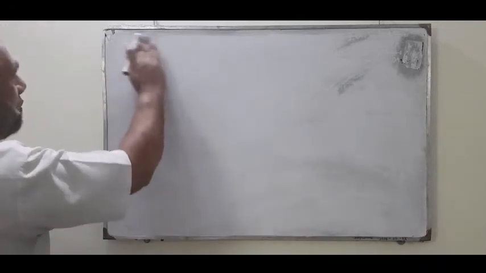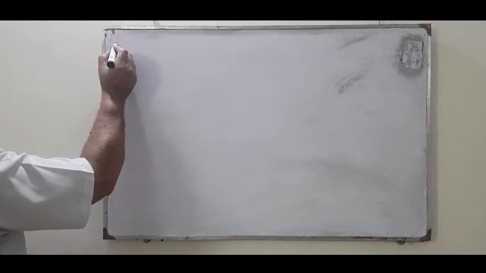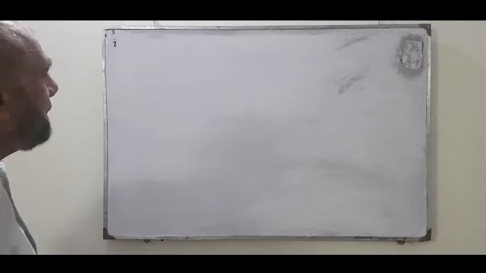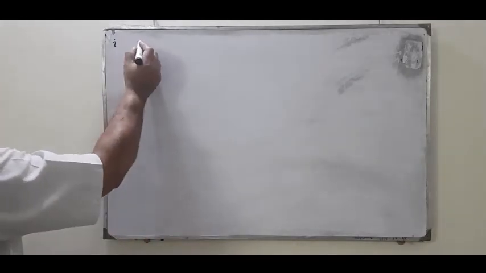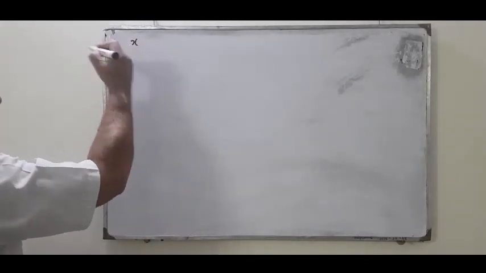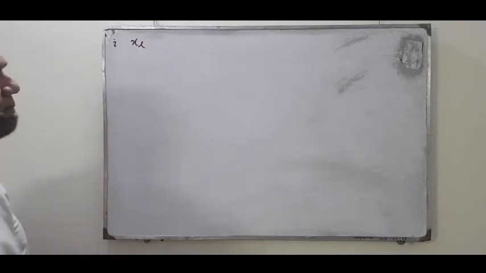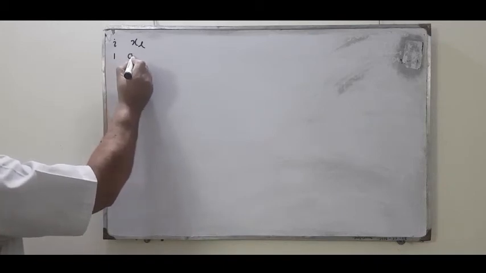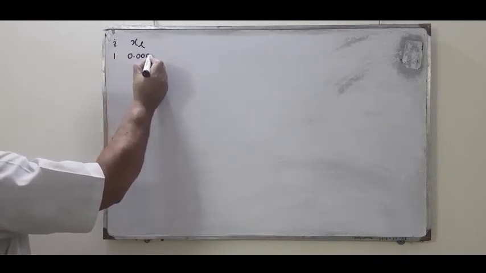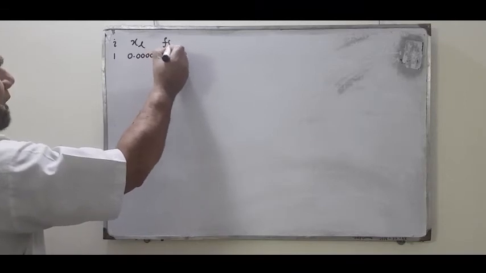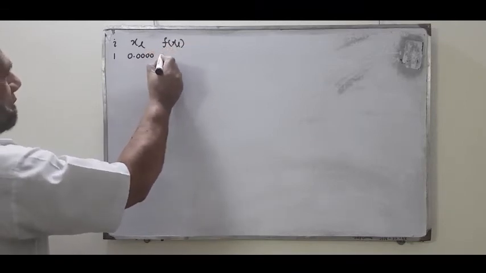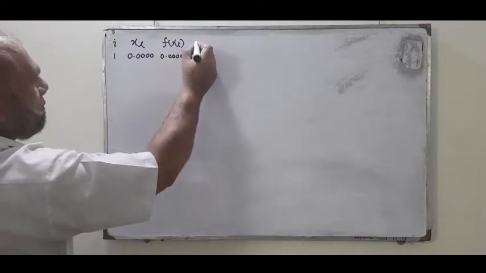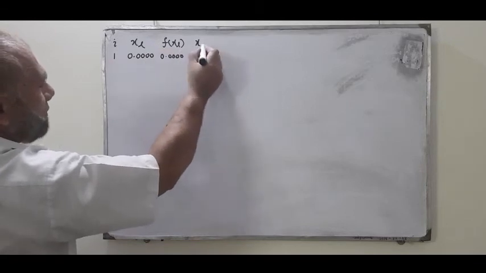All these calculations we have already done. So here the first column will show the iteration, and generally we show the iteration by i, and the first value for xl, if you remember the interval, so the left hand boundary point was xl. So for the first iteration, the value of xl was 0, and the corresponding function value was also 0. Okay, and then we go for the next point, which was x2.